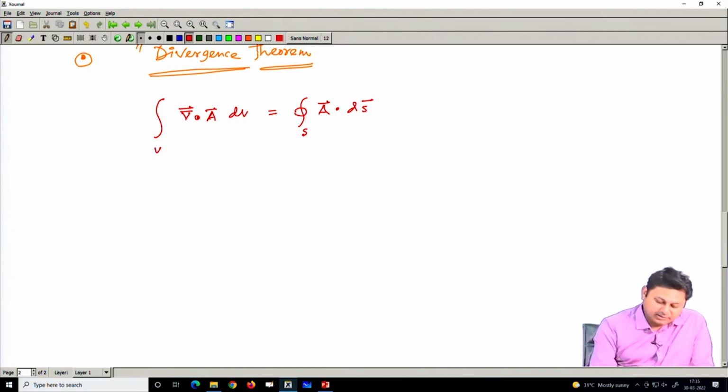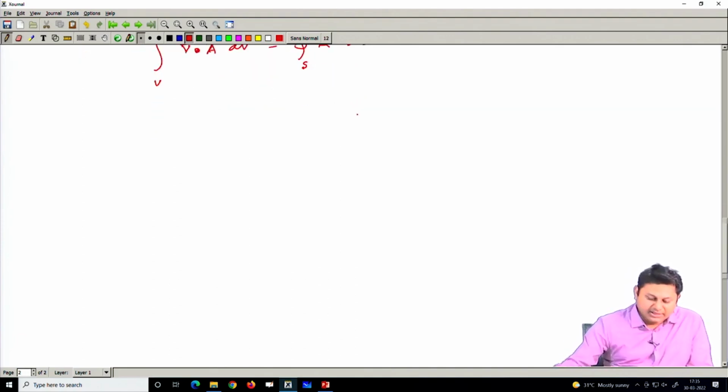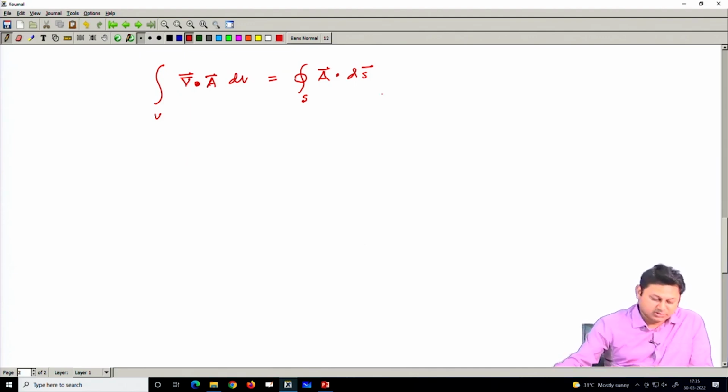So, this surface is enclosing the entire volume. So, I am calculating a volume integral here, that means I should have a volume. So, this surface should be such that it is enclosing the entire volume, then this identity holds.